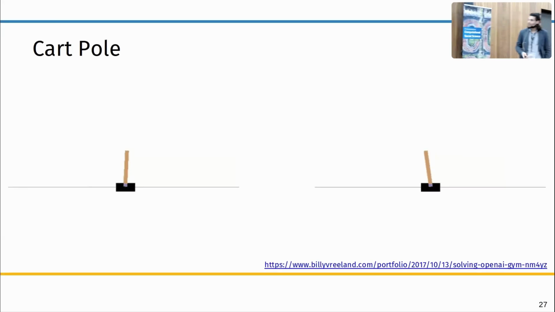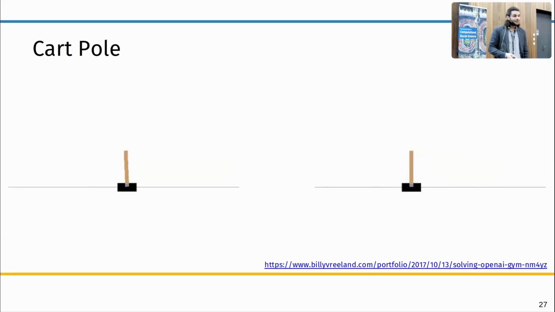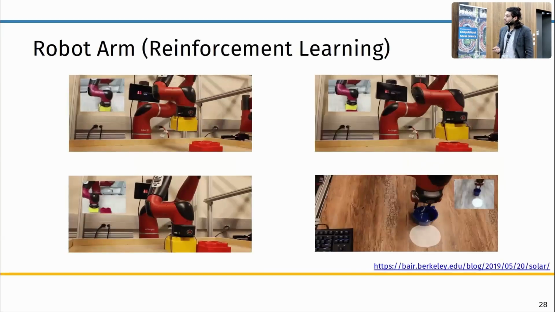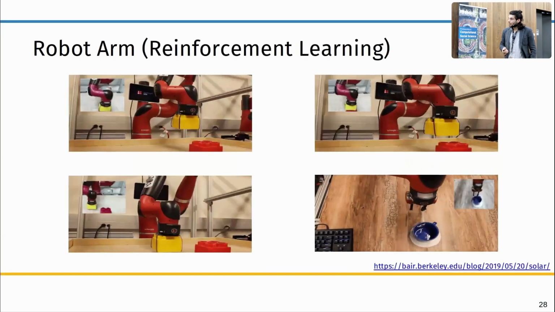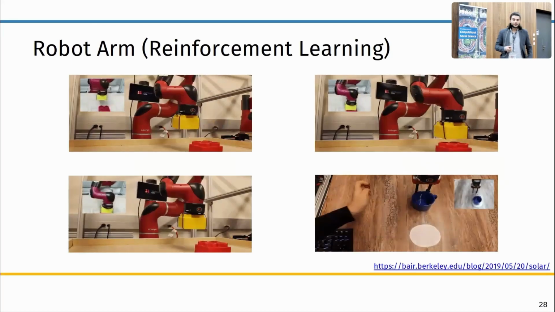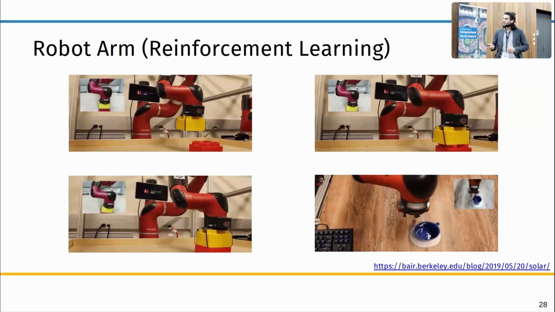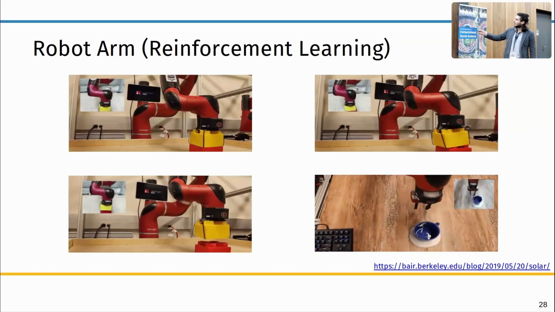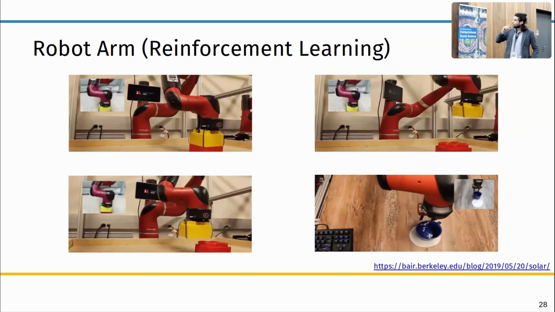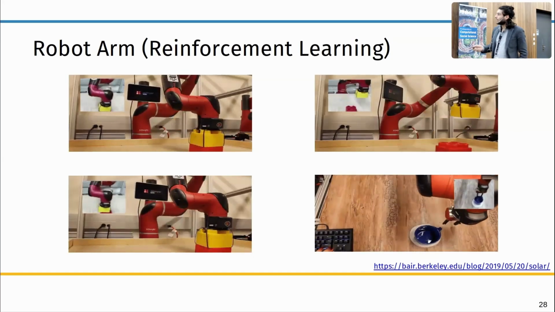So these are also systems that you can solve easily on a sheet of paper. But there are also other more complex problems where you really need some more advanced control methods, like these types of problems where you want to train these robot actuators.